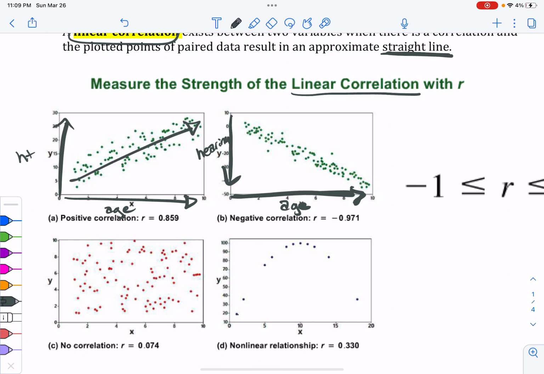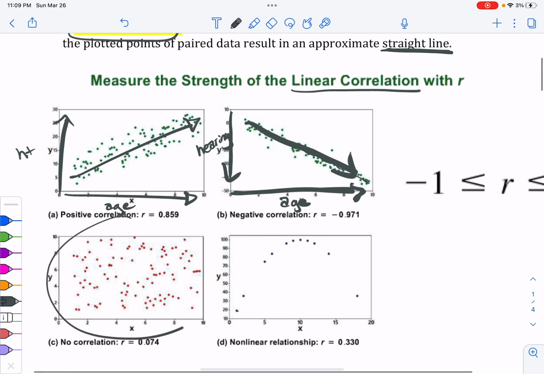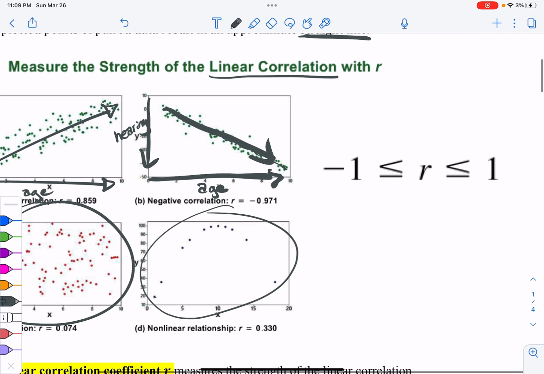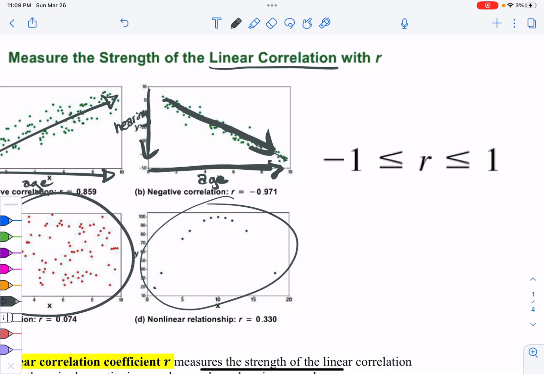Not in every case does somebody lose their hearing, but as you get older and older, maybe this is some data of some people in a nursing home where the older they are, their hearing is starting to decrease. Maybe that would be a linear correlation. So something of that nature. Then we have things that are not correlated at all, and then we have things that are correlated but not linear.